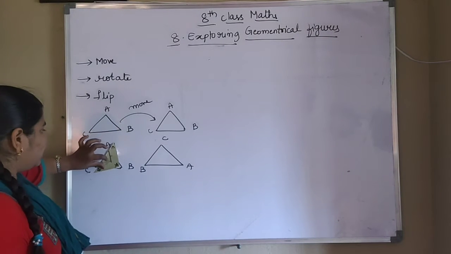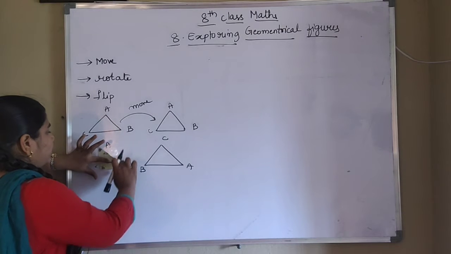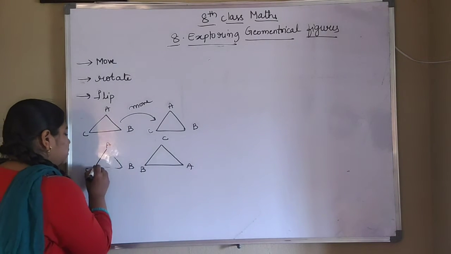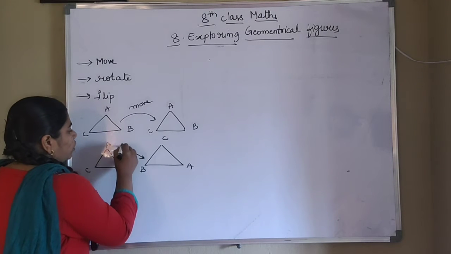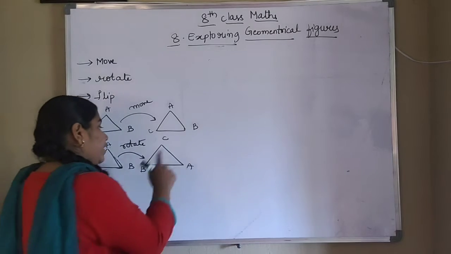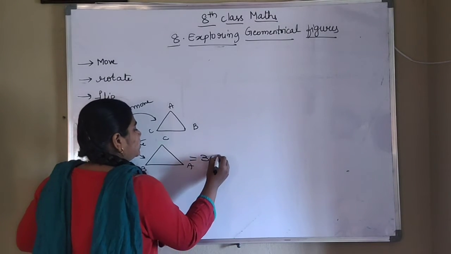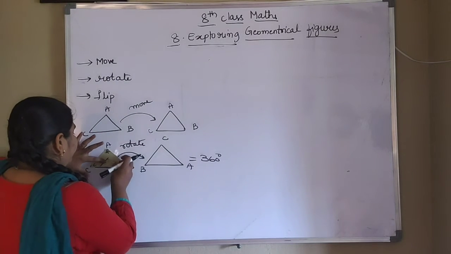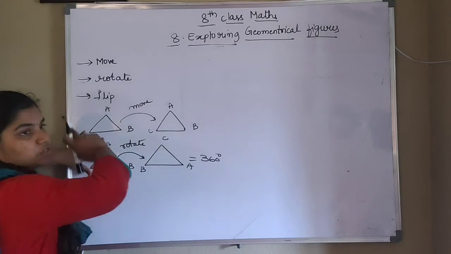It has moved around a center point. From the center point it has been rotated like this. So this is called rotate. It can be rotated till 360 degrees. It can be rotated like this and again it comes to its original place.